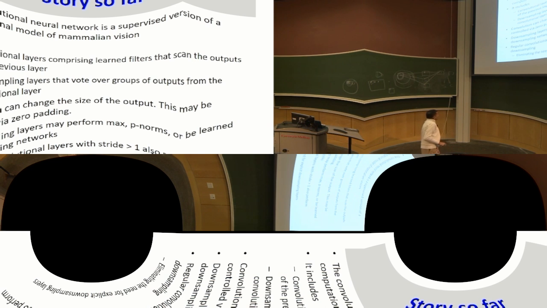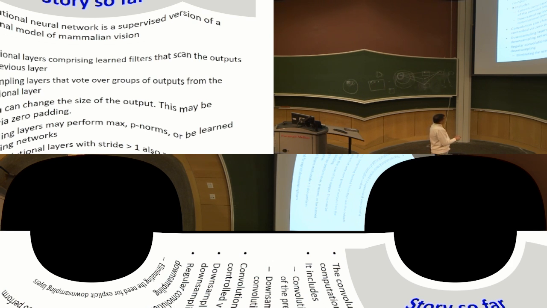So the story so far: the convolutional neural network is a supervised version of a computational model of mammalian vision. It includes computational layers comprising learned filters that scan the outputs of the previous layer, and downsampling layers that vote over groups of outputs from the conv layer. The convolution can change the size of the output, which you can control via zero padding.